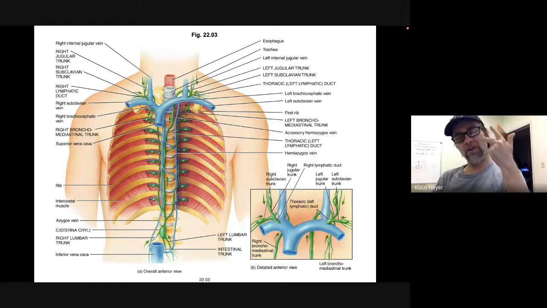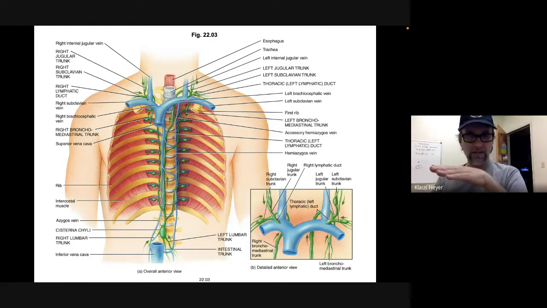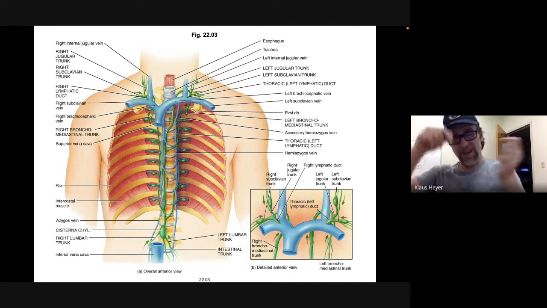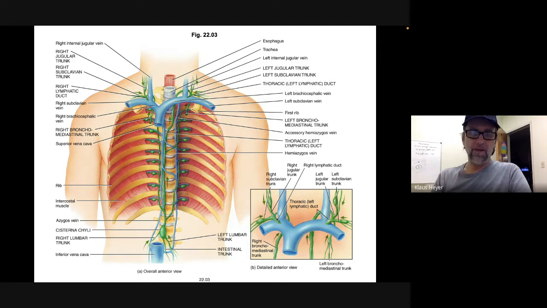So you've got 2 ducts, left duct, right duct. You've got 5 different trunks that empty into them. I don't mean 5 total, I mean there's a left and a right, but 5 areas. And then many lymphatic vessels, and an infinitely greater amount of lymphatic capillaries.